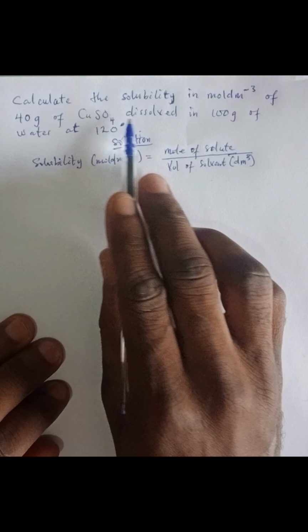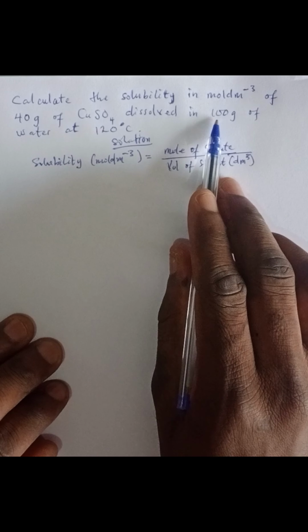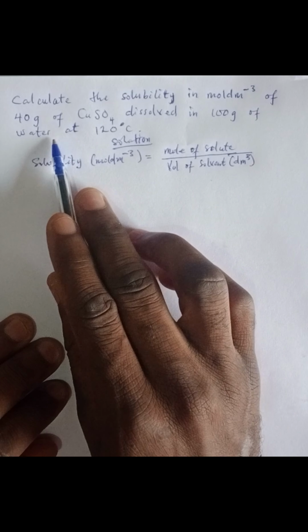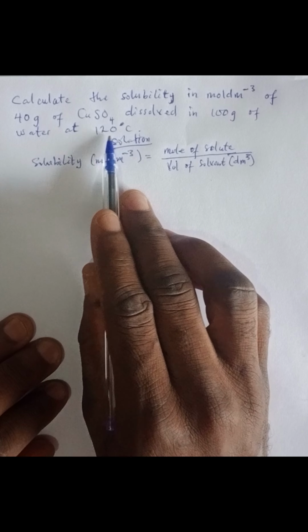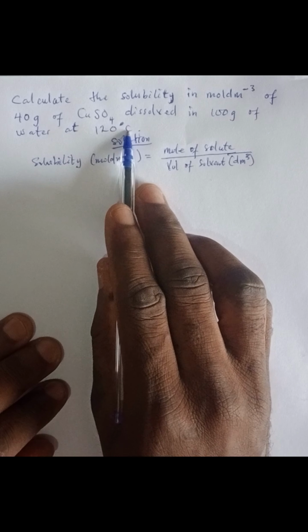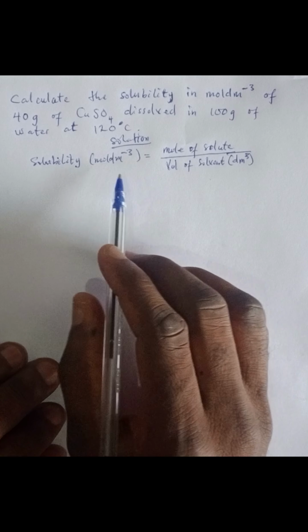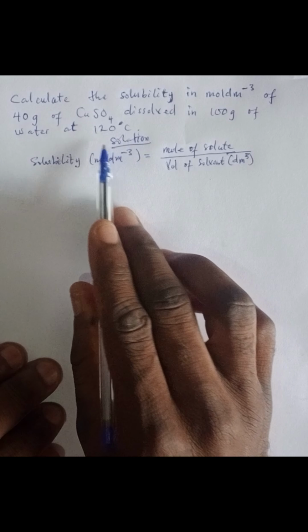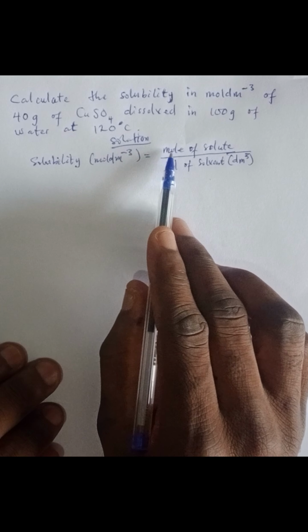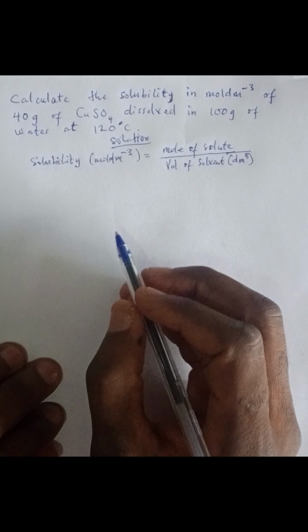Alright, here what is our solute? Our solute is our copper sulfate, that dissolves in 100 grams of solvent, which is water, at this particular temperature, 120 degrees Celsius. Now, let's find a way of getting the mole of our solute.